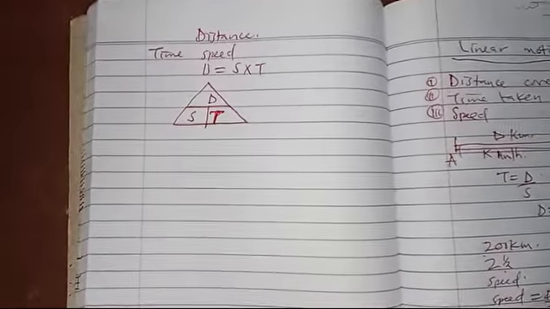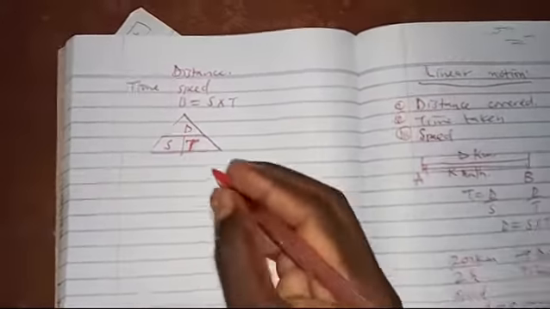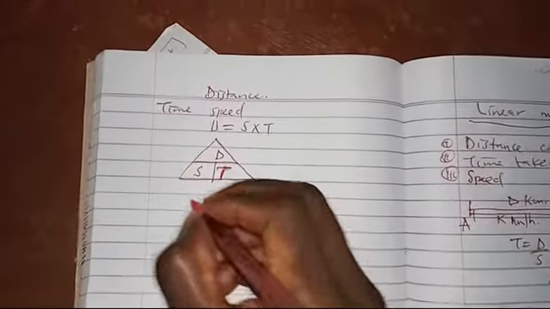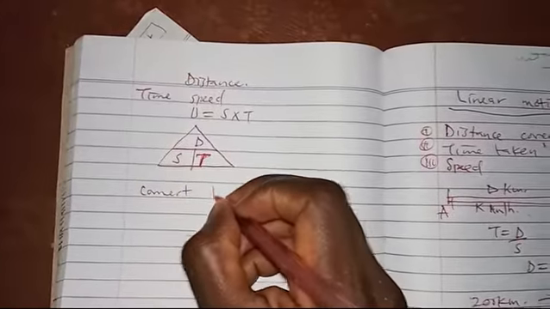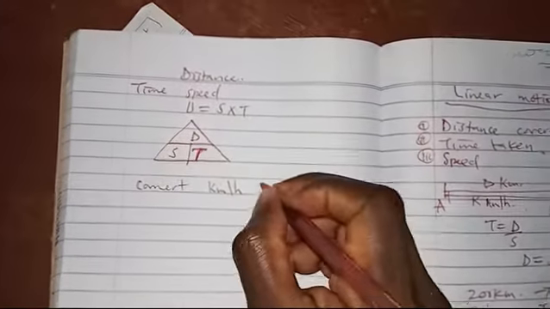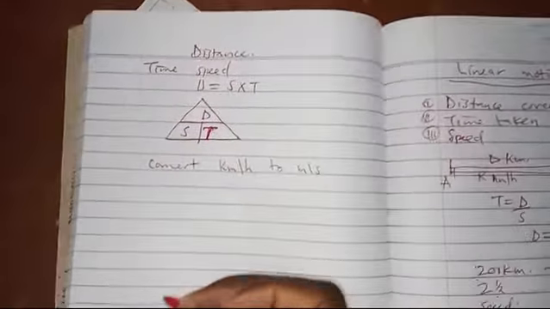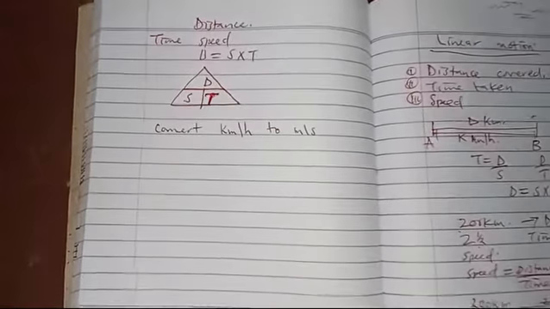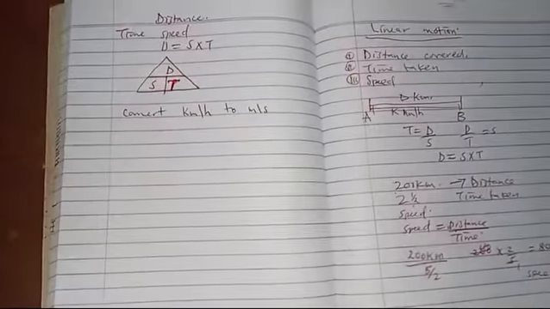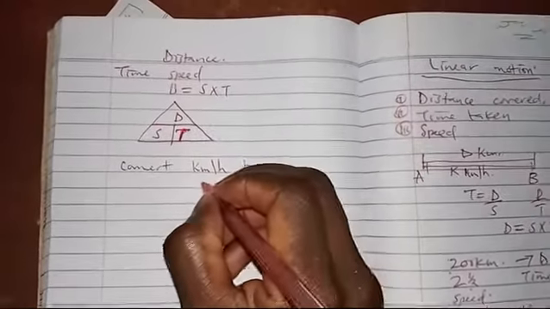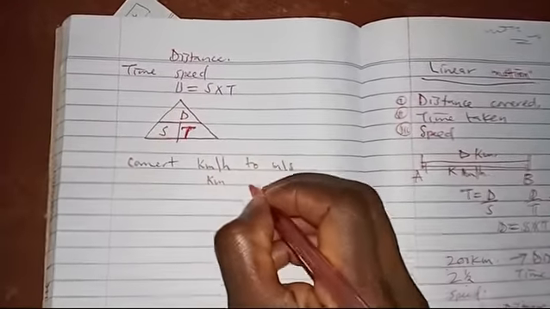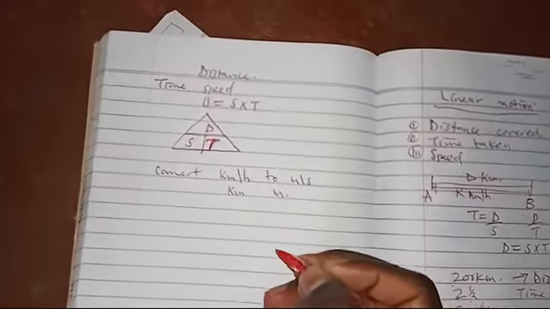Once again, if you are to convert, there's now conversion: convert kilometers per hour to meters per second. What do you normally do? It is very simple. You just ask yourself, between a kilometer and a meter, which one is big?